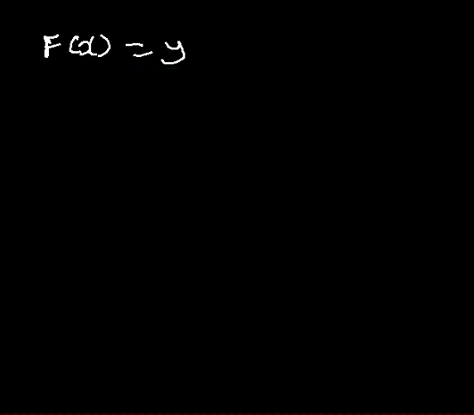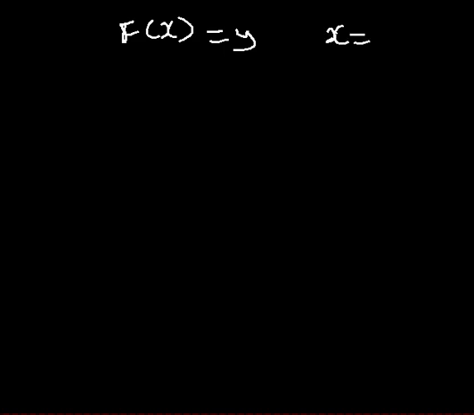Now, for instance, let's say we have a function f of x which is equal to y, and we want the derivative of the function at the value x is equal to a. So how should we use these notations? For the derivative at the value x is equal to a, the principle remains the same. We have f prime of a. You can use that one, f prime of a.